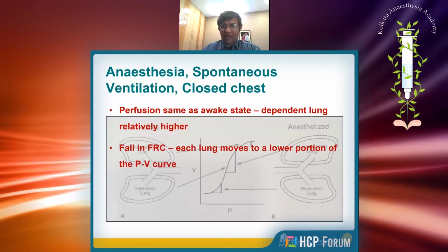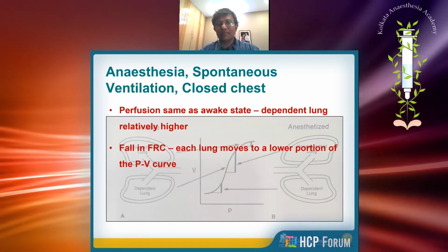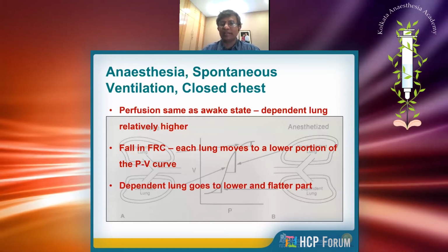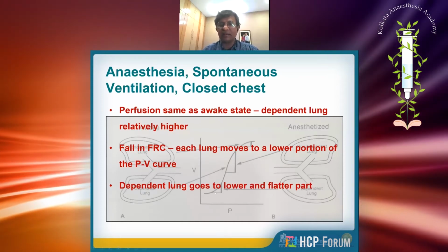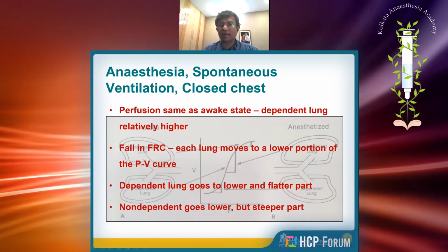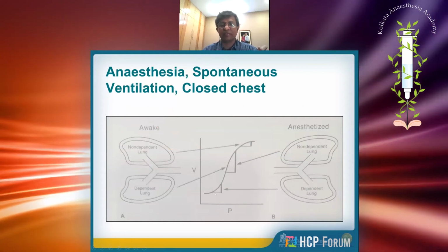There is a fall in FRC, as we said, and each lung moves to a lower portion of the pressure volume curve. The dependent lung goes to a lower and flatter part, as you can see here, whereas the non-dependent lung goes to a lower part but in the steeper part of the curve, so a more favorable area.